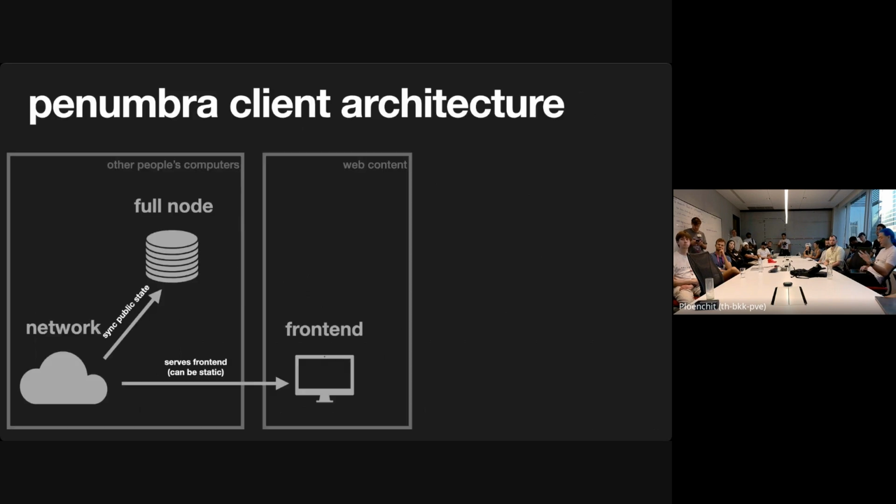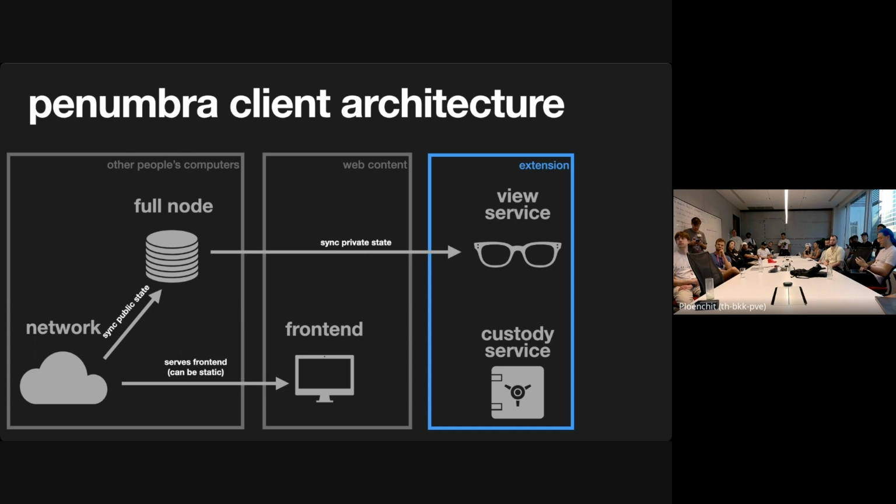We have on the web, which is the most open type of thing, this architecture where inside of the browser extension, which has the user's wallet, we have this concept of a view service, which is basically your local RPC that has your personal indexer, et cetera.